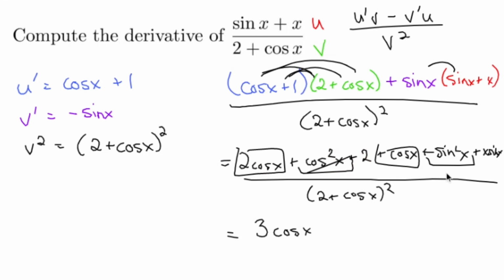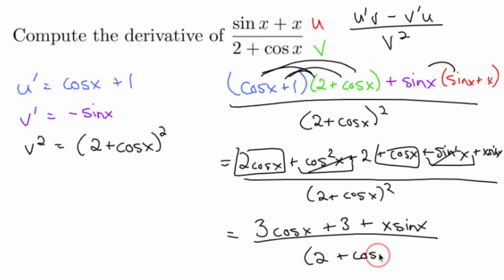So you guys cross out to become 1. 1 plus 2 is 3. Plus x sine x over 2 plus cos x, all of which is squared. And if I FOIL that out, I don't think anything special is going to happen. I think that's my answer. So yeah, quotient rule with trig functions. Very interesting.